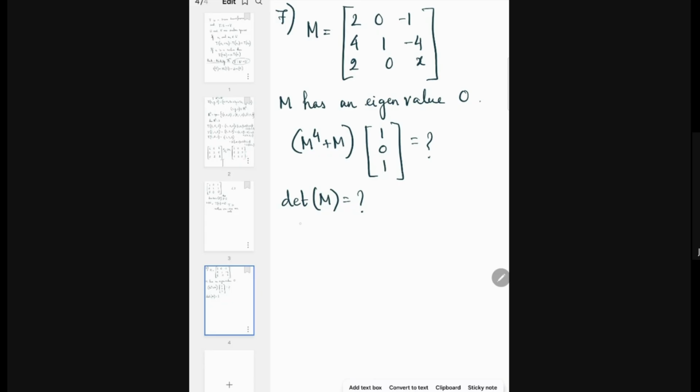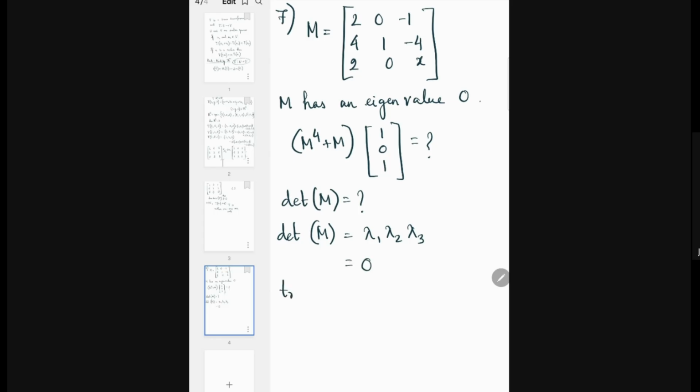Right. Why is the determinant of M 0? Because the determinant of M is the multiplication of the eigenvalues of M. So I am writing 3 eigenvalues because we have a 3 by 3 matrix here. So our determinant is 0.